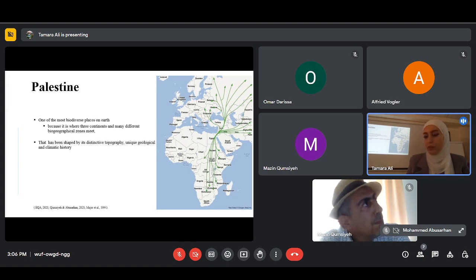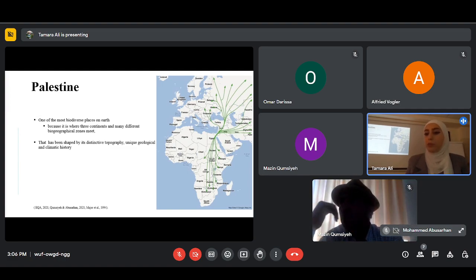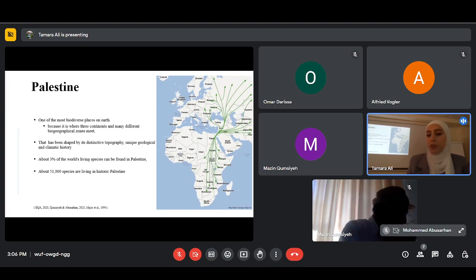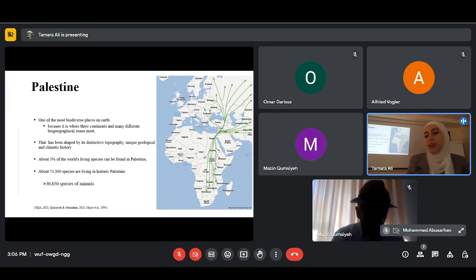That has been shaped by its unique geological and climate history, and also its distinctive topography. About 30% of the world's living species can be found in Palestine, and about 51,000 species are living in historical Palestine.